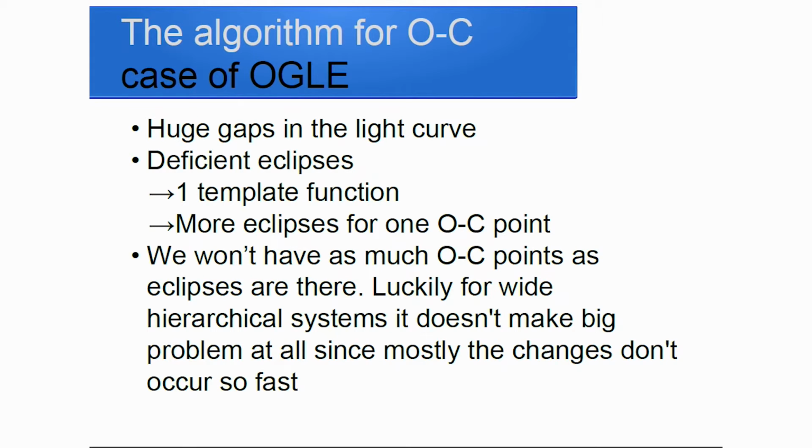In the case of OGLE, we have a few problems. For example, there are huge gaps, and because it's ground-based observation, the signal-to-noise ratio is not that good. Against these things, I figured out to use one template function to fit the eclipses. I mean, for the primary and the secondary there is only one polynomial.